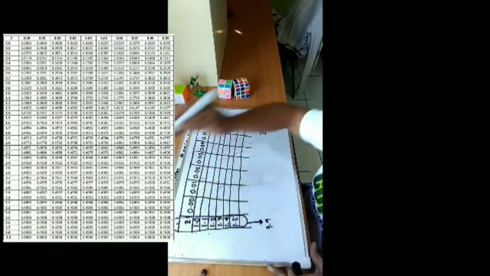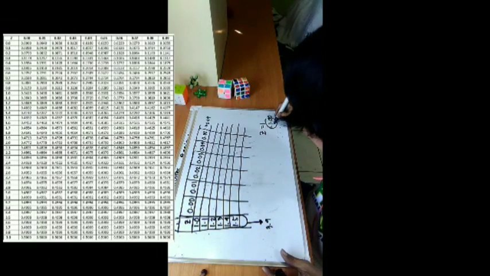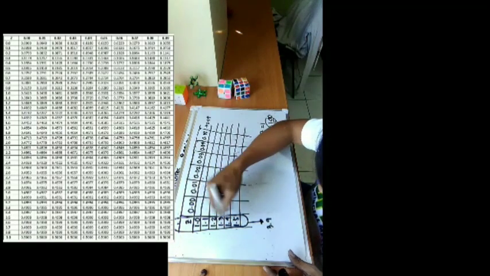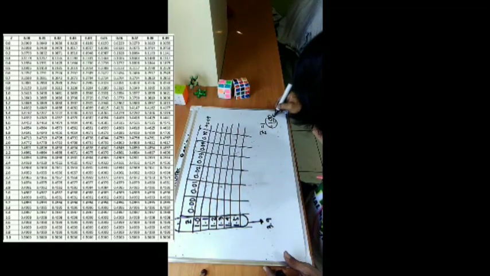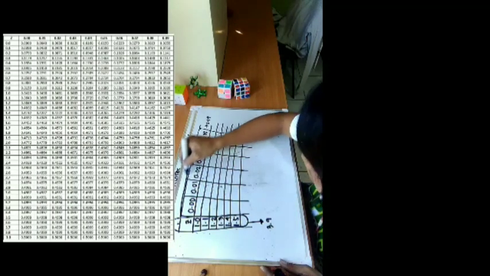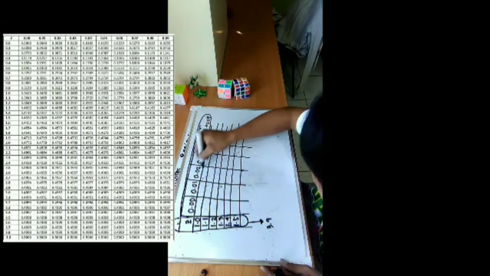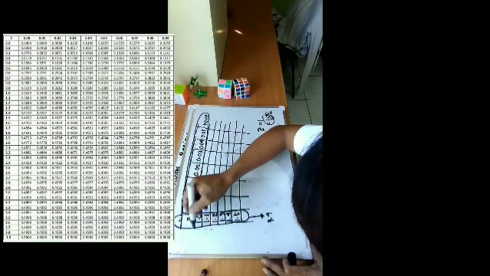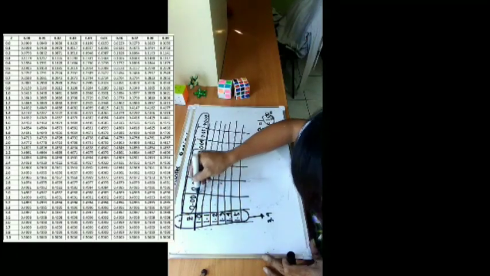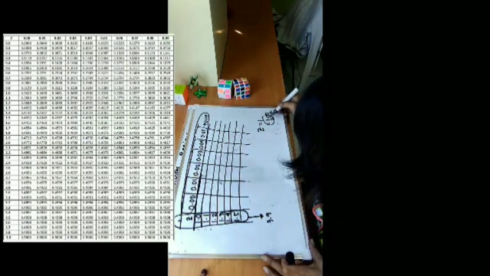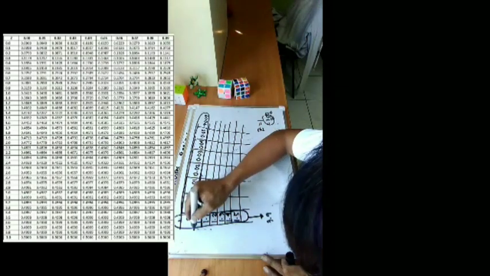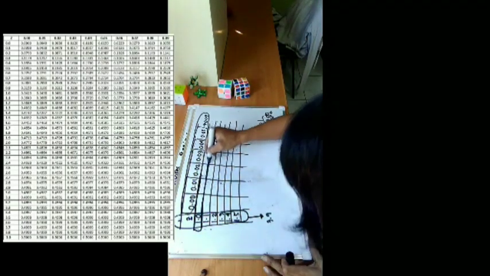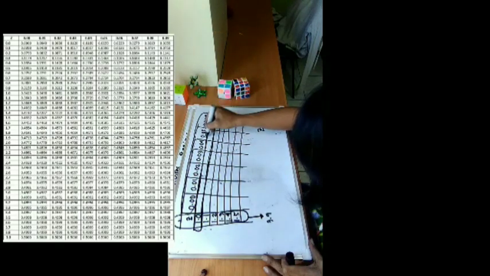Okay, so we will find the first digits on this side, and then the last digit is on the top portion. So how will we find this? We will get its intersection. Since 1.0 is on this part, right?